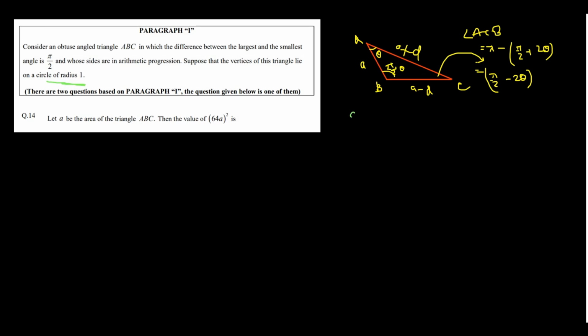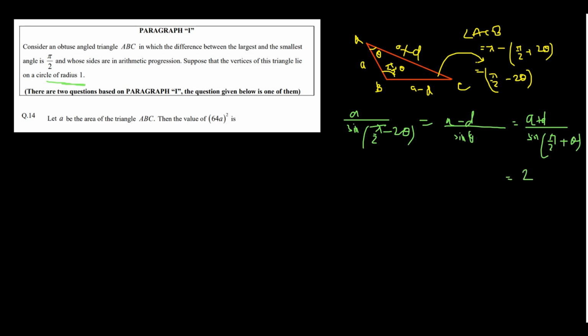It will be AB by sine C, that is a by sine of (pi by 2 minus 2 theta) according to our calculation, and it will be equal to a minus d, the smallest side, by sine theta, the smallest angle, and the largest side a plus d divided by sine of (pi by 2 plus theta), and that will be equal to 2R, that is 2.